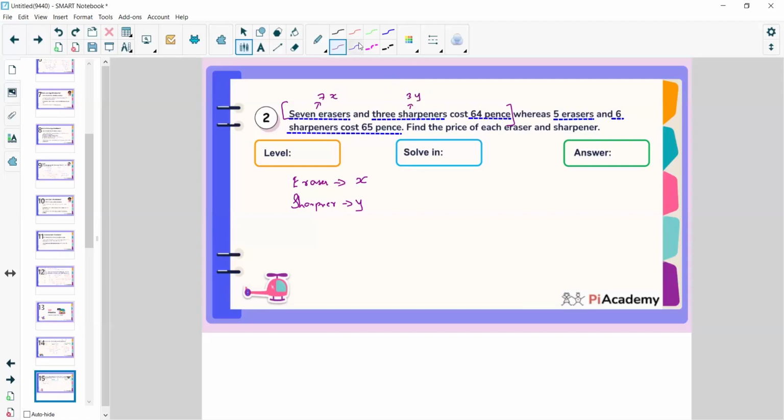So tell me the first equation. 7x plus 3y equals 64 pence. Very good. 7x plus 3y equals 64. So I'm just not writing this p over here. Okay. Who can give me the second equation? What is the second equation? Yes, Rohan, go ahead.